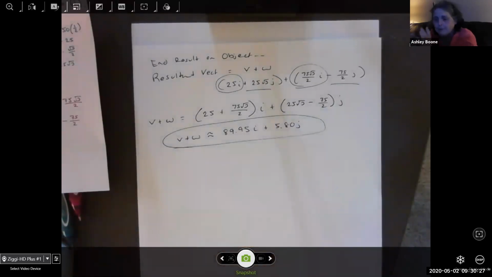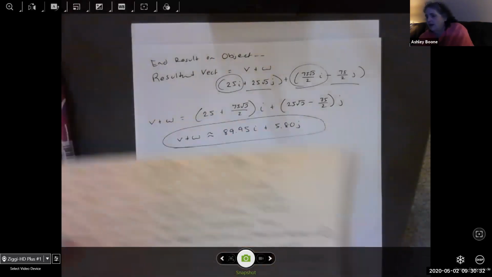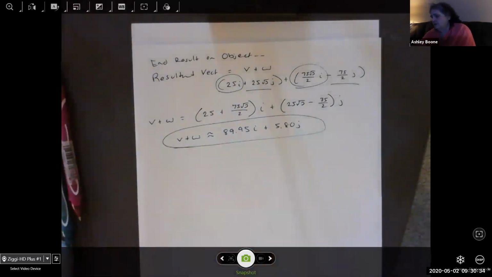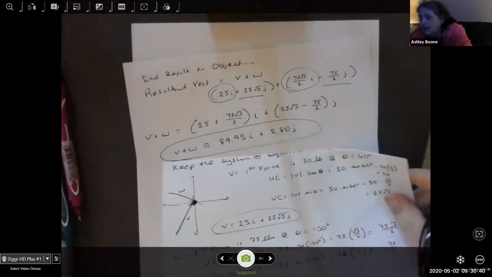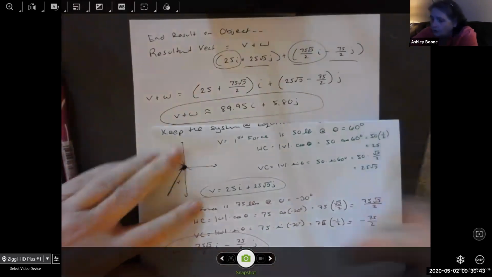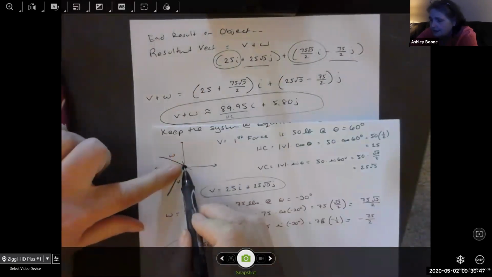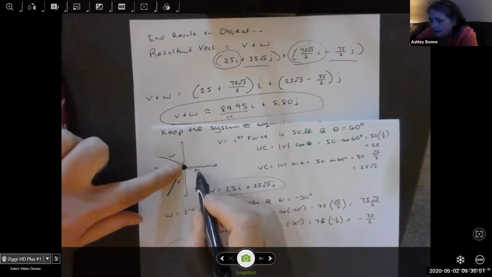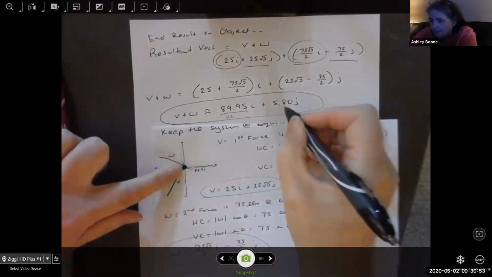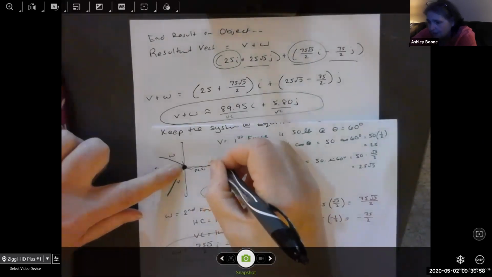So what's happening? What is my result of those two forces acting on that one object? That one object is being displaced horizontally. Remember, that's your horizontal component, displaced a distance of about 89.95, and the vertical component's positive, just up a little bit, 5.80.